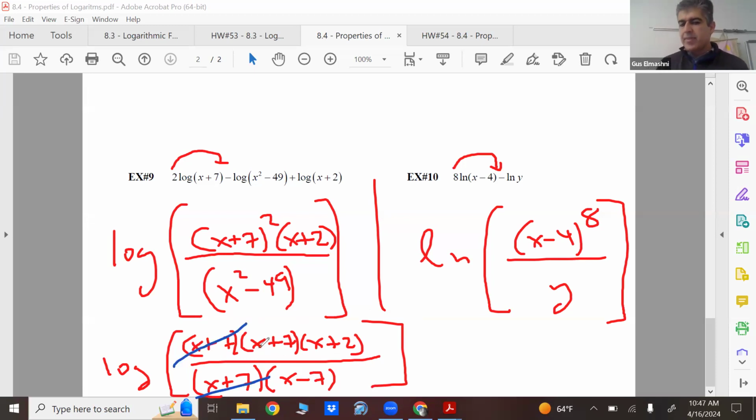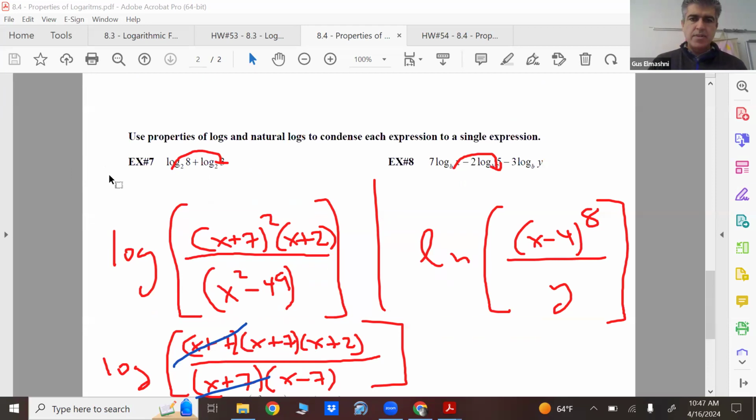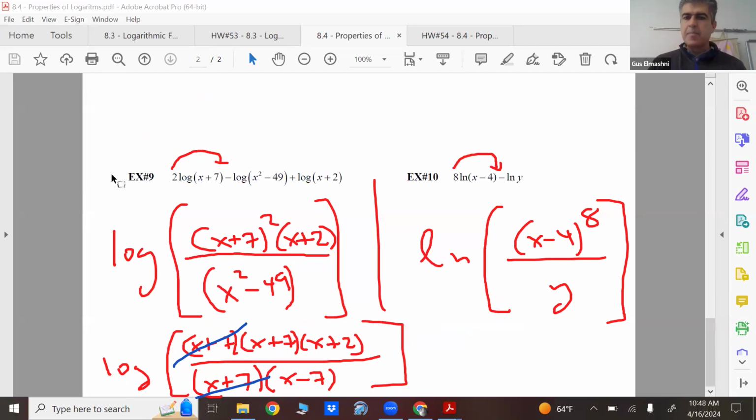So if you wanted, you could do that too. I don't think we specify to simplify in the instructions. Didn't say so, but it's usually a good idea. So keep it simple, right?